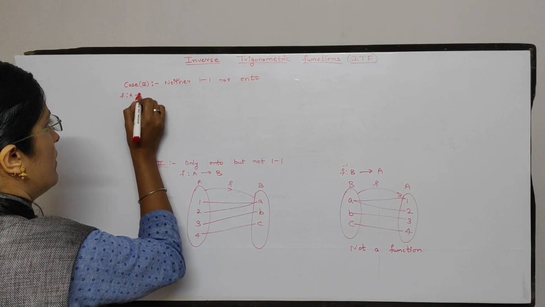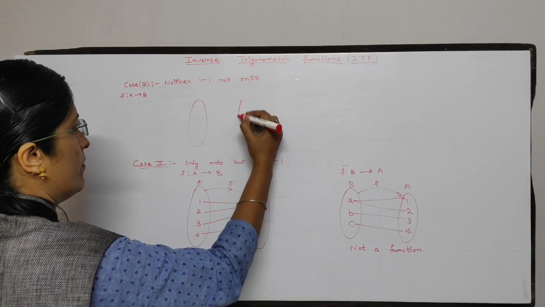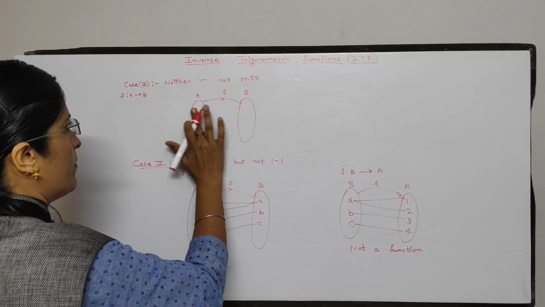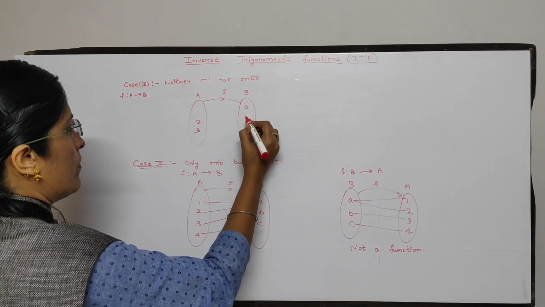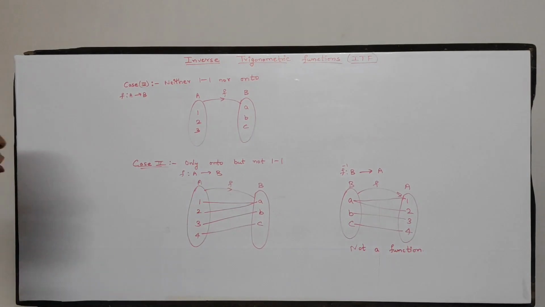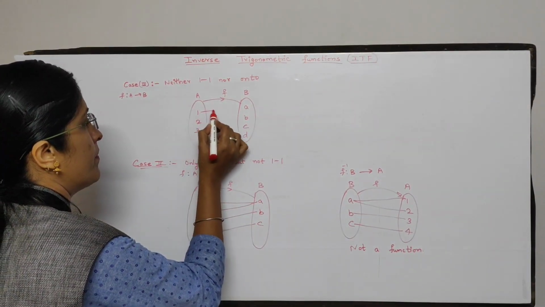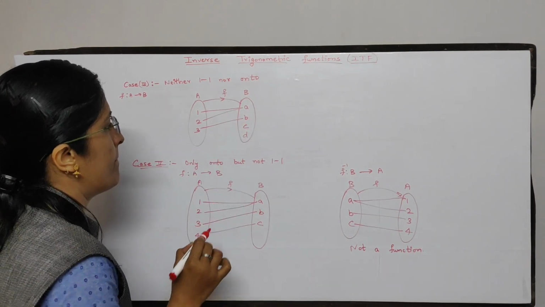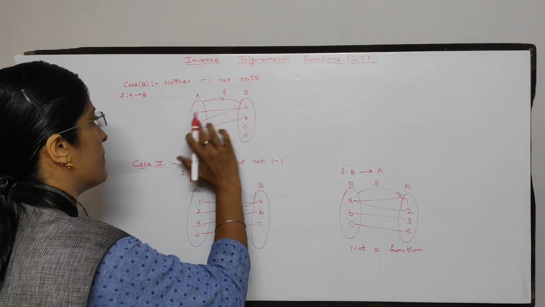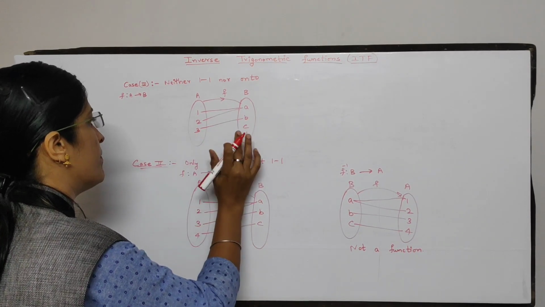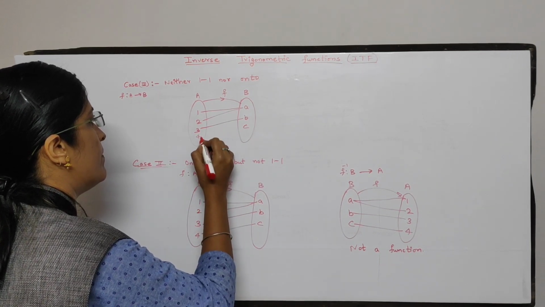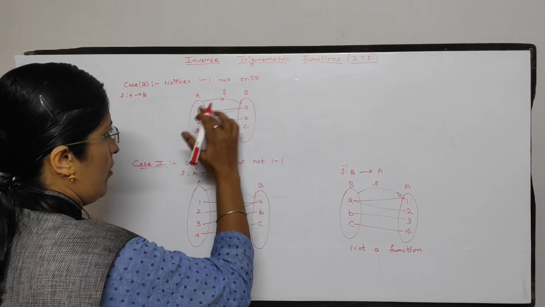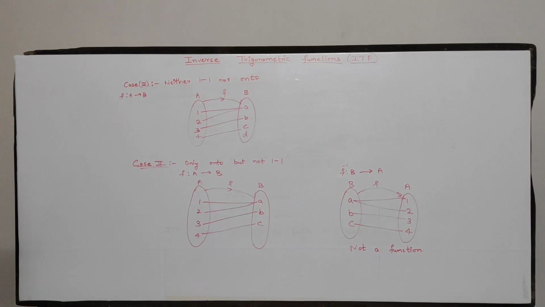F is a function from A to B. One, two, three, A, B, and C. Let me take another element here, D. If I write another, it is not onto. It is neither 1-1 nor onto.